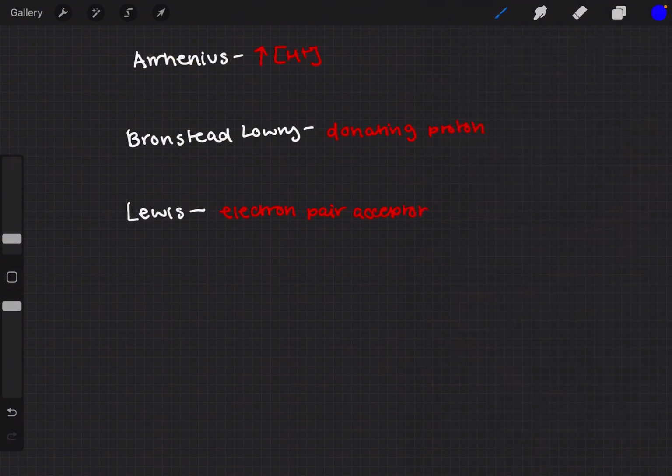And then for bases, Arrhenius says that a base is increasing the concentration of hydroxide ions. Bronsted-Lowry is saying that it is accepting a proton. And then Lewis is saying that it is donating an electron pair.